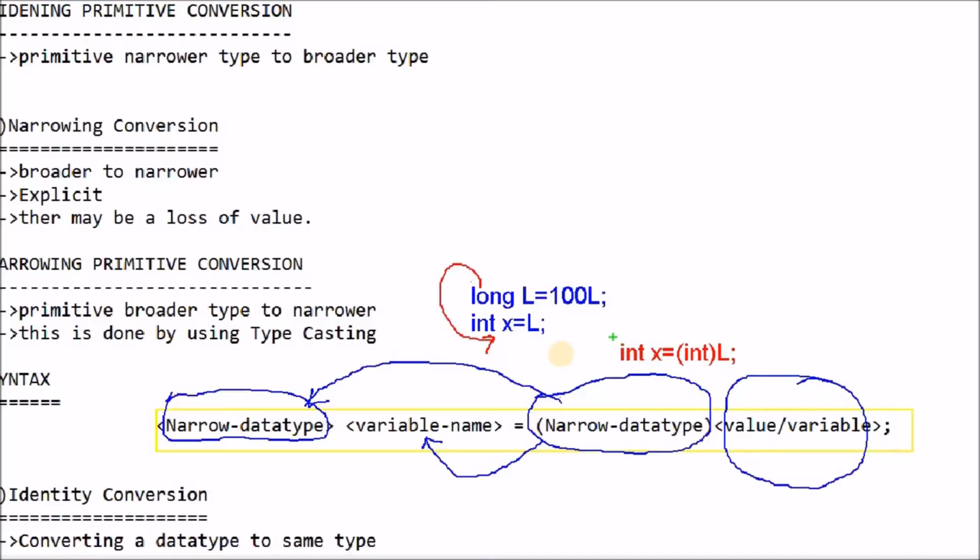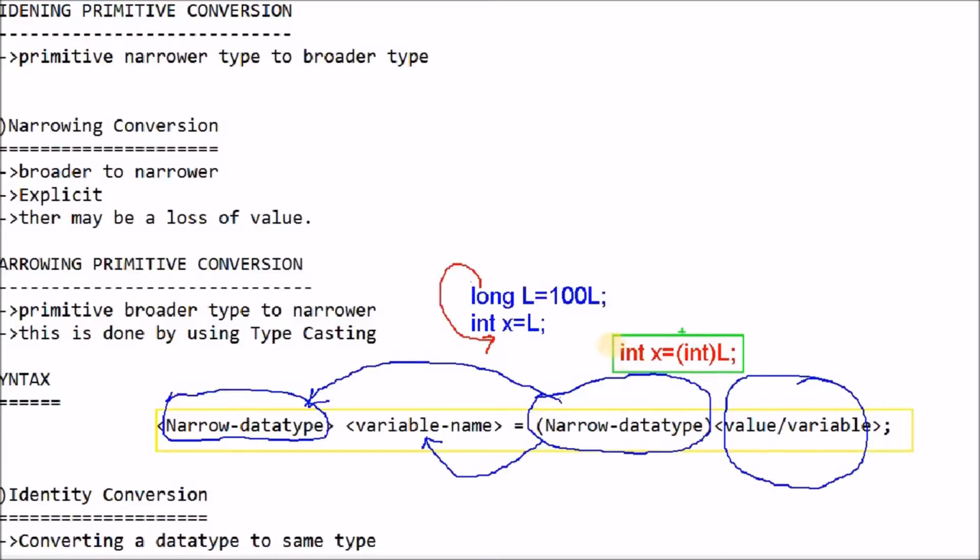Here int is a narrow data type when compared to L, which is long. The value or variable is L, or else you can convert directly 100L also. If 100L is given, it's a value. If L is given, it's a variable.